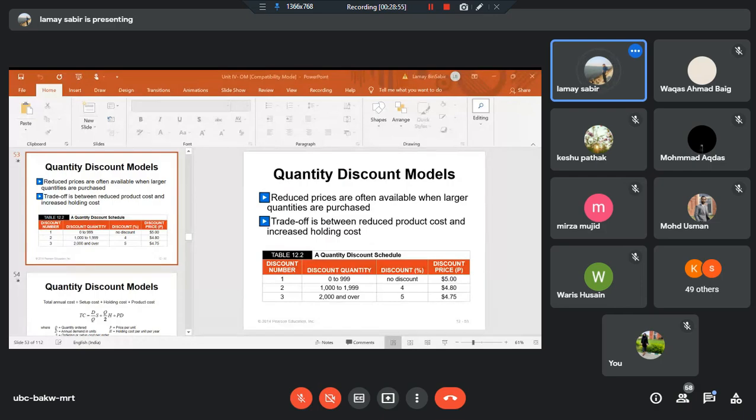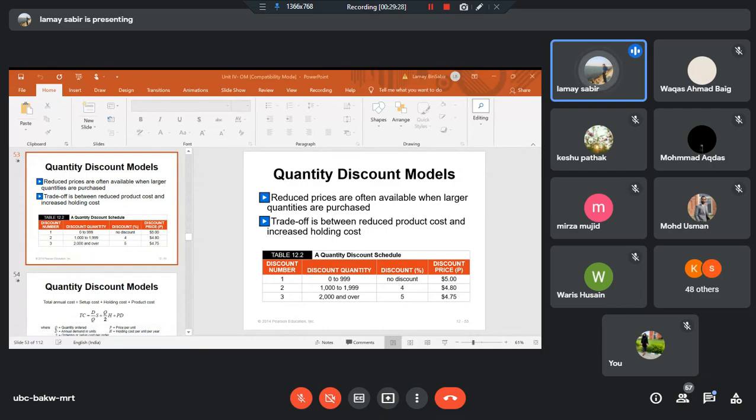You see the change, right? Initially, when we are ordering from 0 to 999, the price is $5. As soon as we increased the order quantity to 1,000 to 1,999, it comes out to be 4.80, and the moment we place the order above 2,000, the per unit price gets reduced to 4.75. So from 5 to 4.75, this is the reduction in the price due to increase in the volume. That's the important thing that you have to understand.